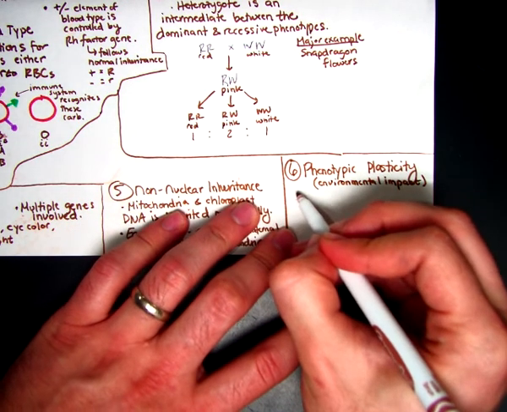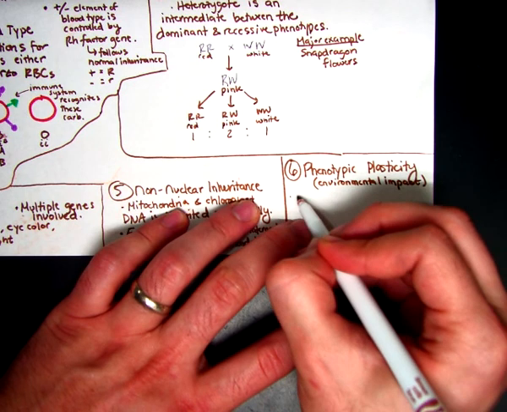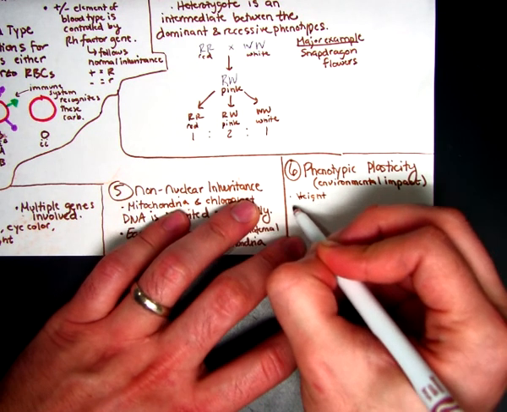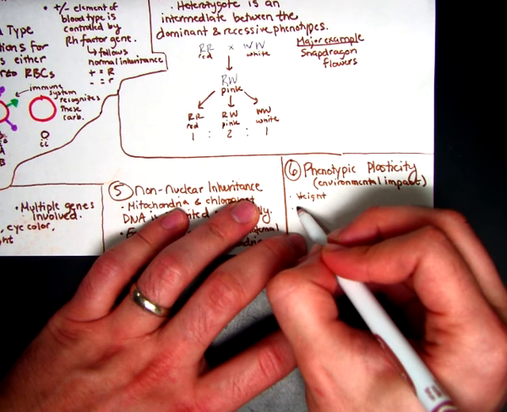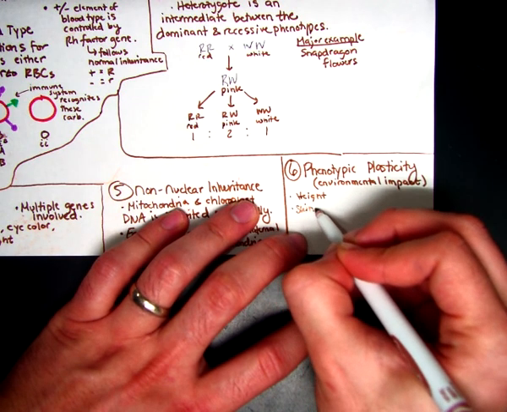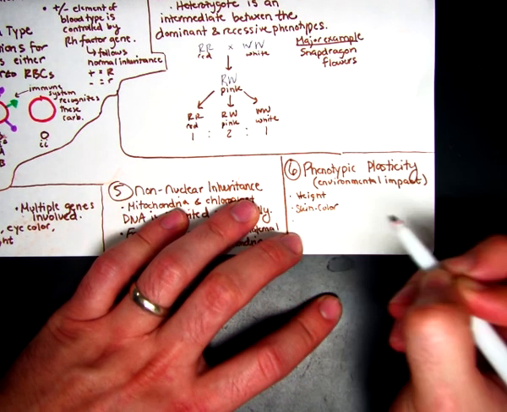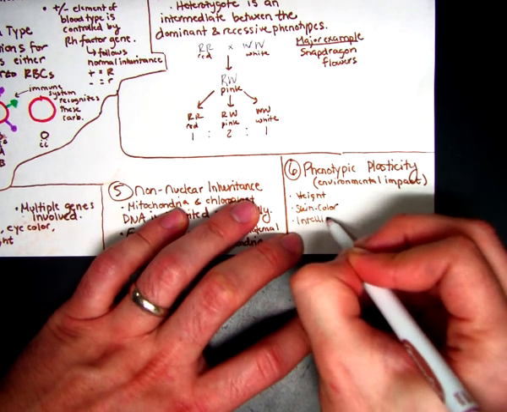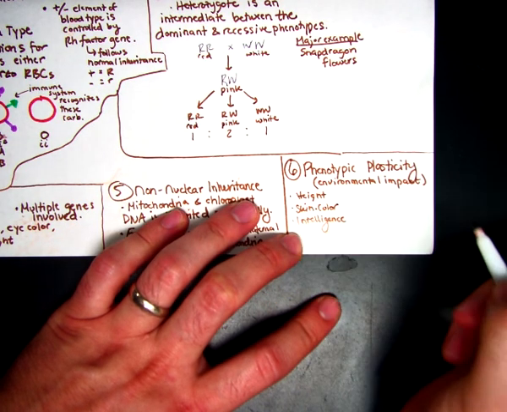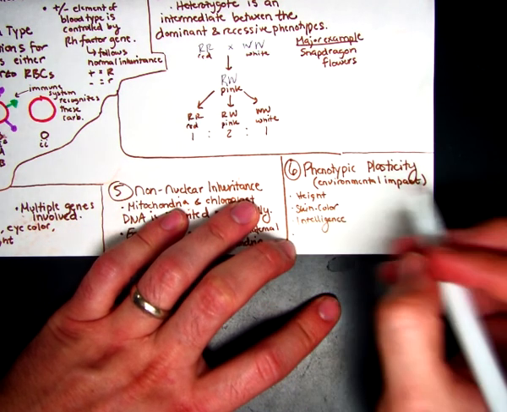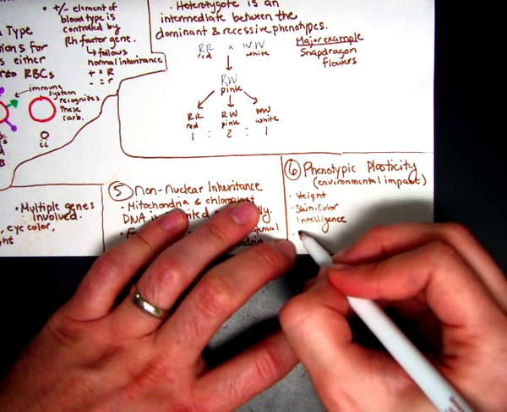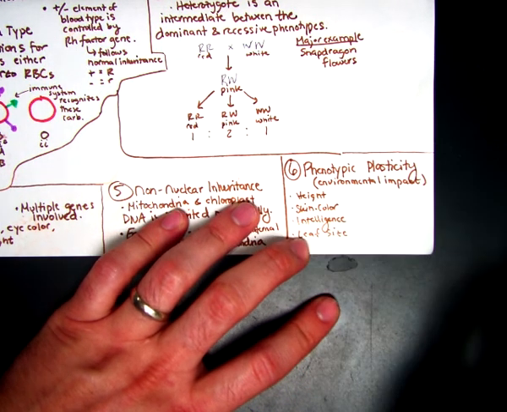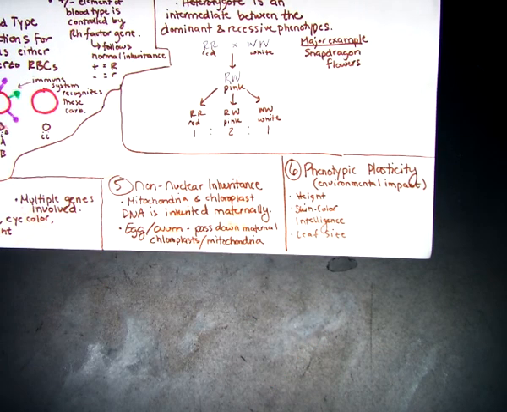Because there are traits like height, skin color, intelligence, and even, for using a plant, leaf size, that can all be influenced by the environment.